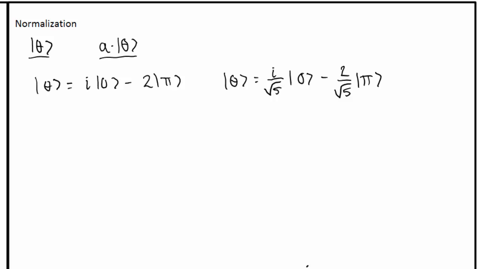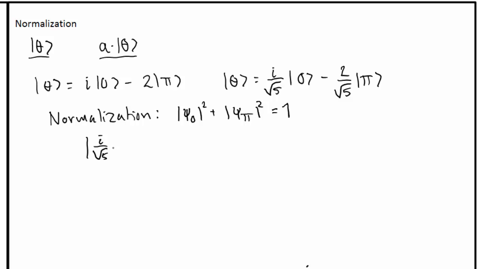So the requirement for a state to be normalized is that phi 0 square plus phi pi square should be equal to 1. You can check that the right-hand state actually is normalized. i square root of 5 square plus minus 2 square root of 5 square is equal to 1 over 5 plus 4 over 5, which is indeed 1.